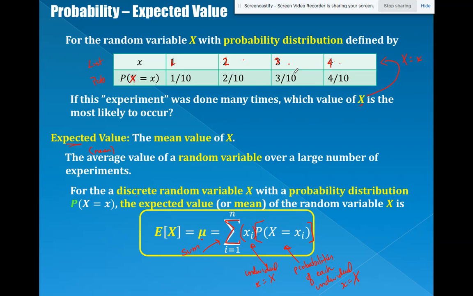So what they're saying is that the probability of event 3 is 3 out of every 10 times. The probability of event 4 is 4 out of 10 every 10 times, as opposed to 2 and 1. Multiply these. Multiply.